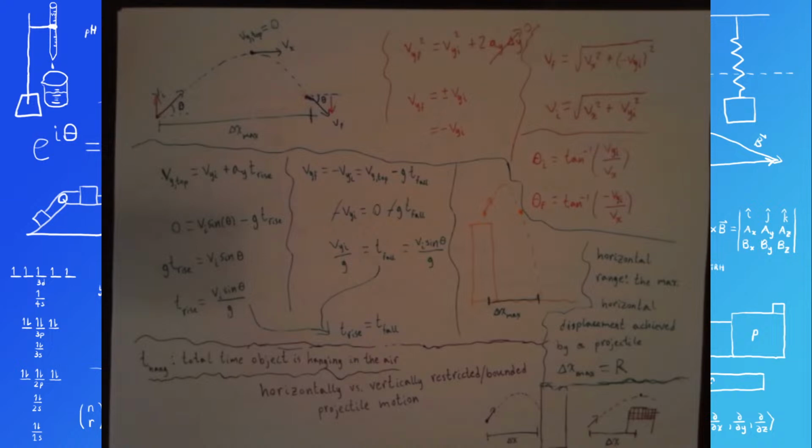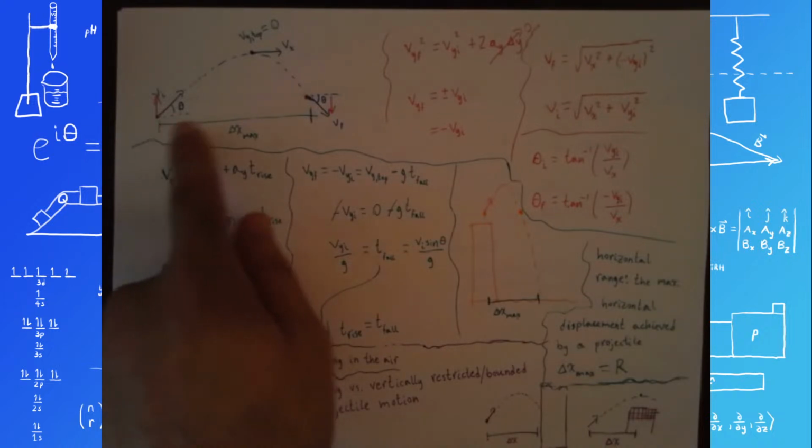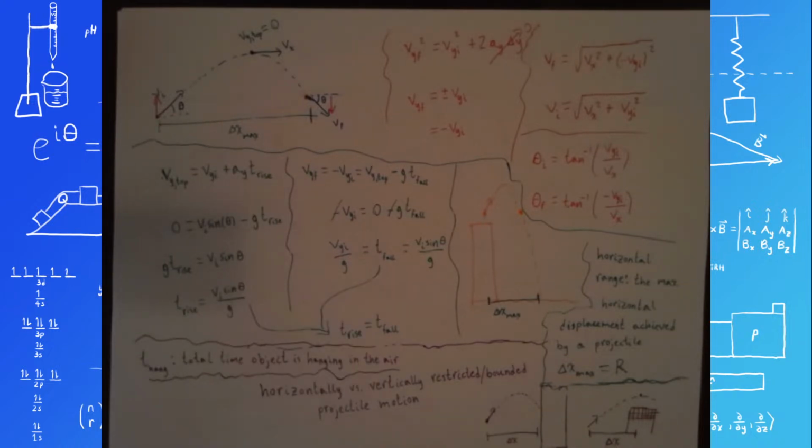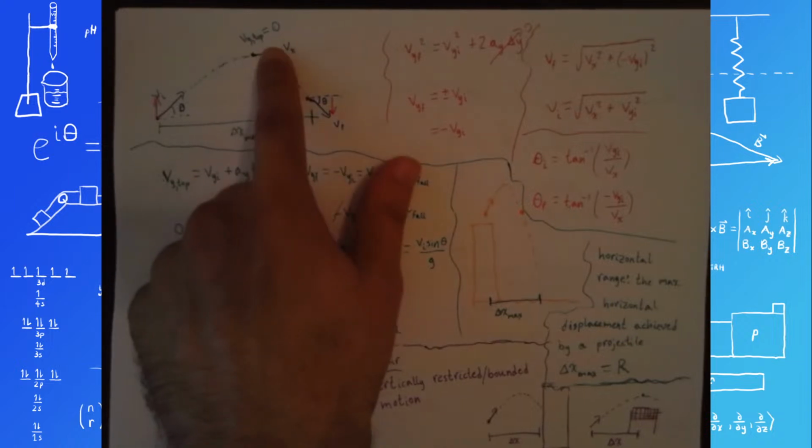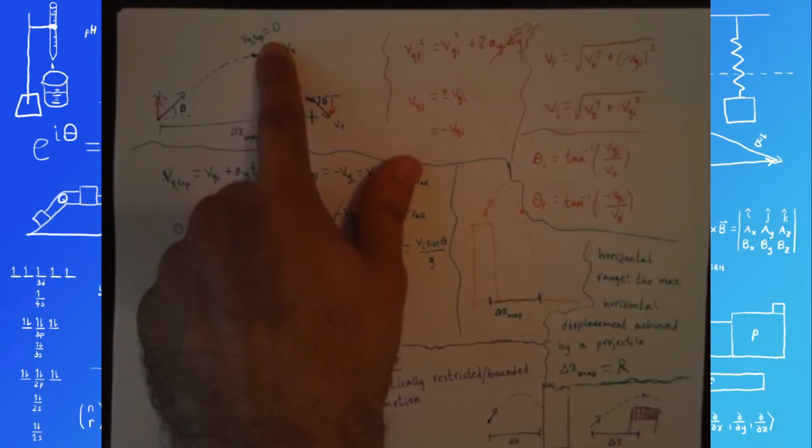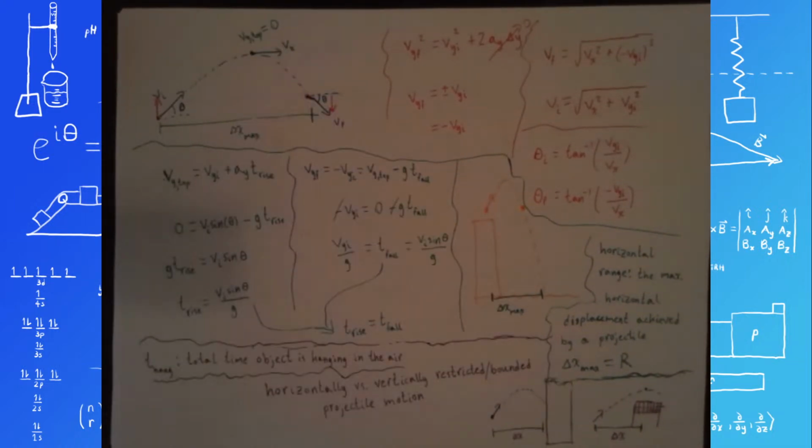Well, first I would do sine and cosine to break it into components. Then what would I do? Well, I would use the vertical component to, I don't know, calculate the time to reach the maximum height, because I know velocity vertical at the top in that case is 0, so that's an additional piece of information I can take advantage of.